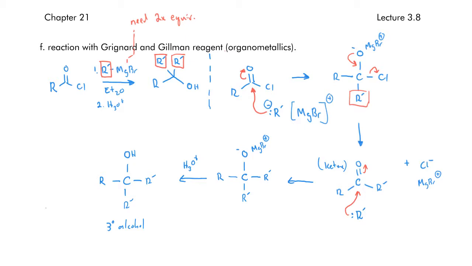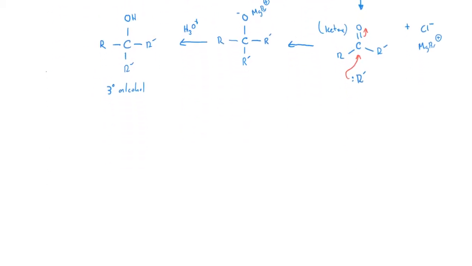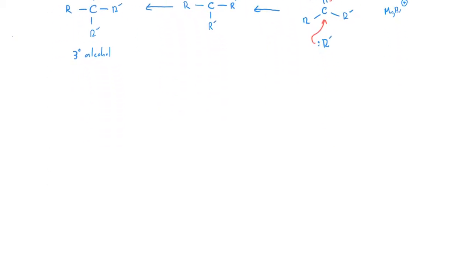Now, there is a way to actually stop and get a ketone using an organometallic reagent. And that would be the Gilman conditions, the Gilman reagent. So let's take a look at how that works. You might recall that a Gilman reagent is also known as a lithium dialkyl cuprate.